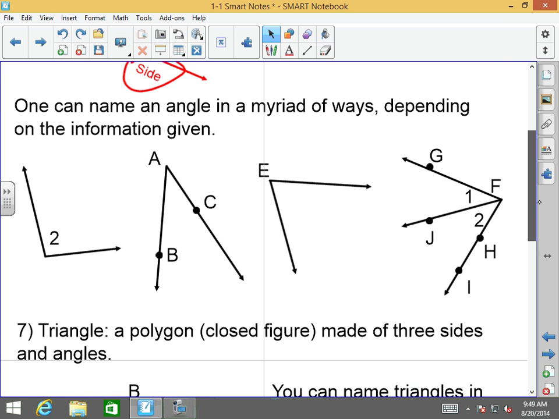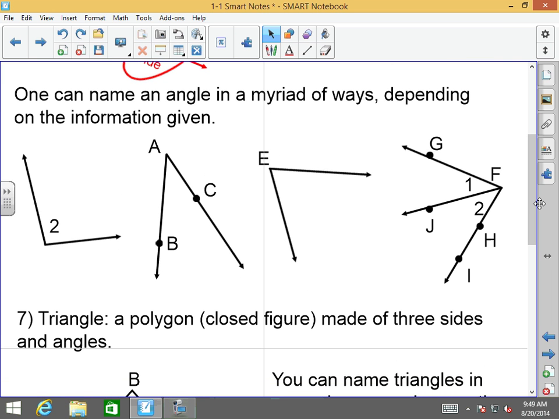Okay. One can name an angle in a myriad of ways. That means in several ways, depending on the information given. So let's look at the 4 figures that I have here, gentlemen. In the first figure, I have an angle and it just has a 2 on it. So guess what, guys? We can call this angle 2, literally. Put that symbol of an angle, though, please.